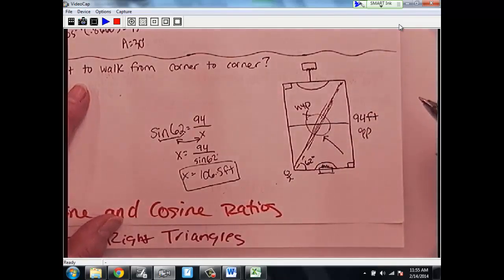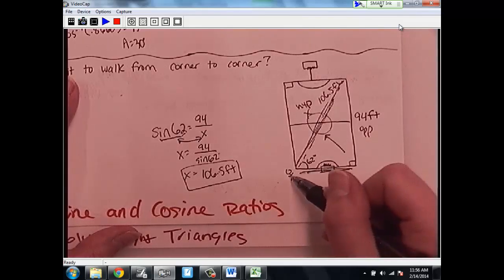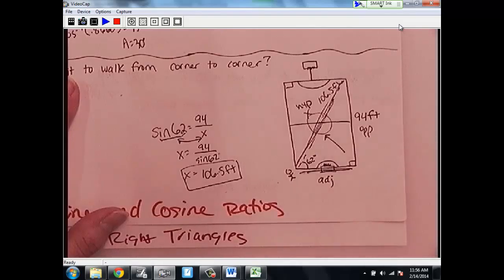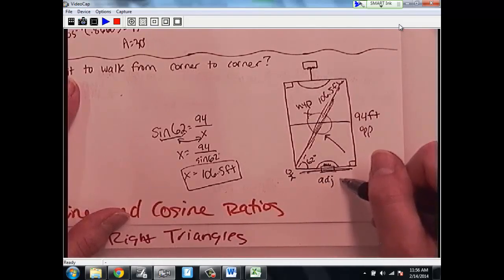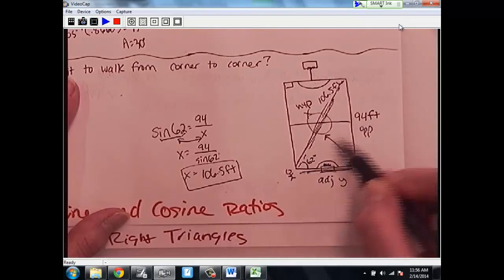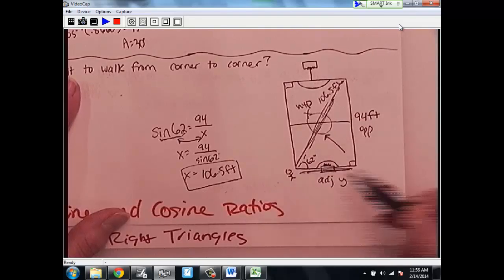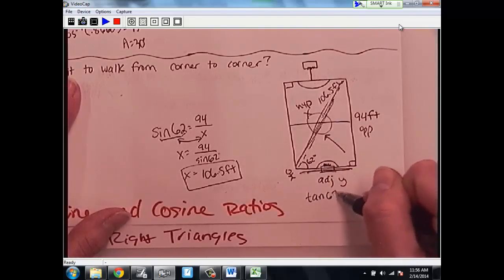If this is 106.5 feet, how do we find a third side if I know 2? Pythagorean theorem. Or, how about here? If I'm standing right here, what is this side? It's the adjacent. If I want to know this side, maybe call it y, and this side is opposite. If I have opposite and adjacent, how would I solve that one? Tangent of 62, because tangent deals with opposite and adjacent, right?